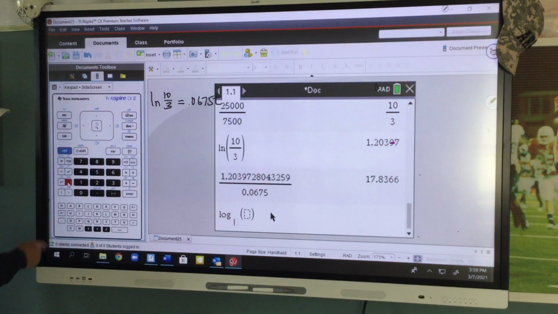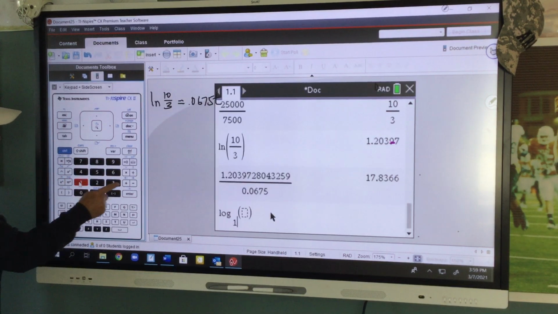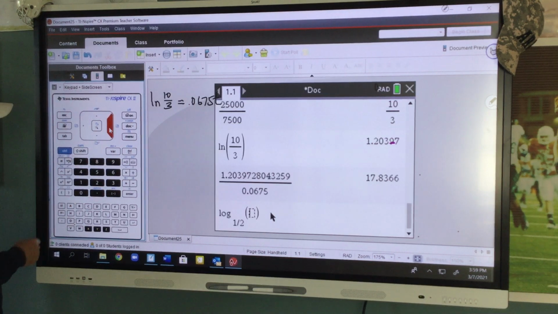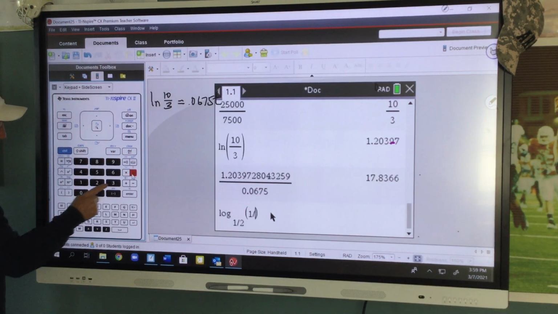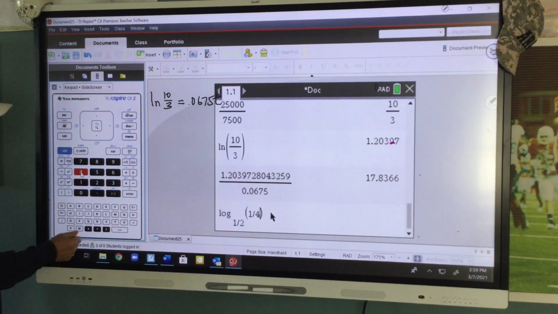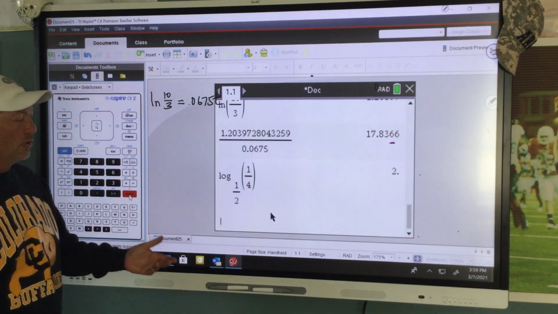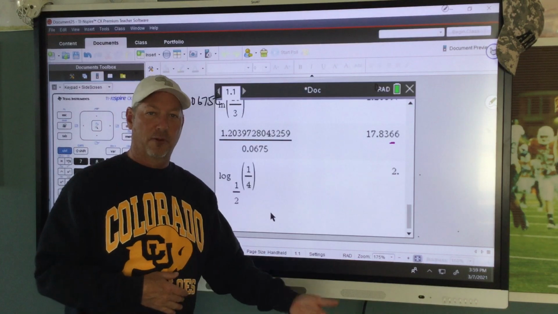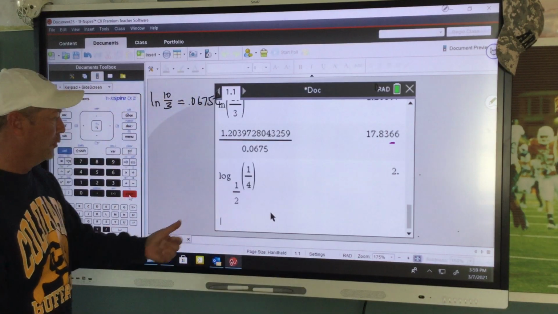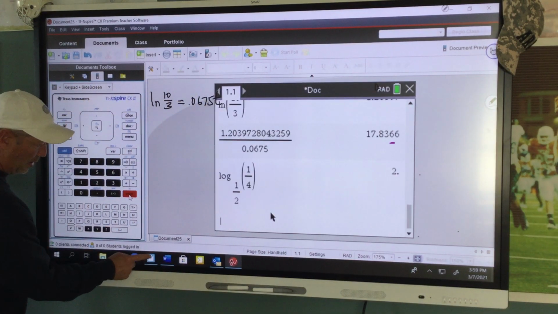So when we put this in the calculator, all we need to do is multiply both sides times 6 to solve this, okay? So we're going to say log base 1/2, 1 divided by 2, or you can use 0.5, of 1 divided by 4, again, you could use 0.25. We hit enter. Look what we have.